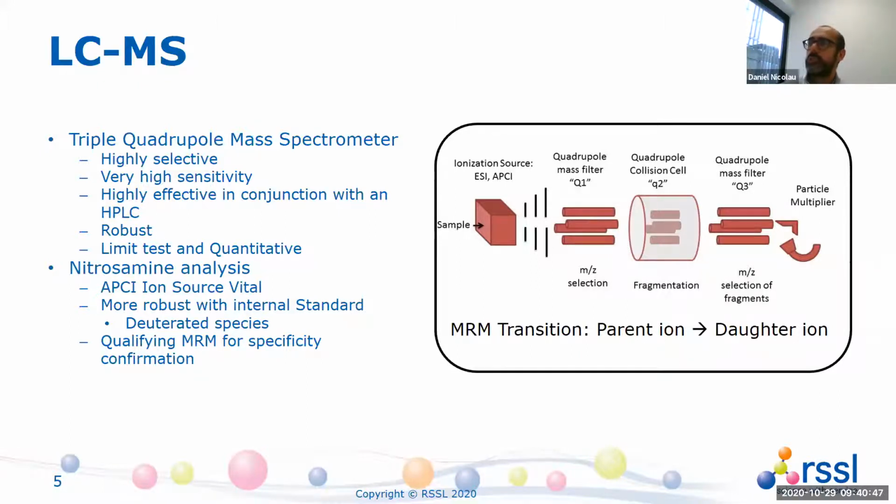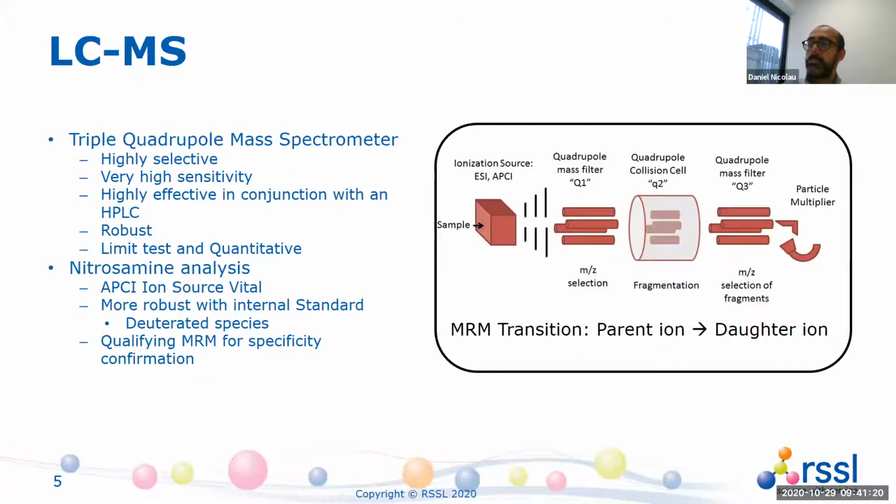In addition, within the triple quad, you have a set of quadrupoles that act as mass filters. So when you're looking for a specific ion that's been generated in the ion source, traditionally what you tend to see is the nitrosamine plus a hydrogen being ionized. And we tend to call that in our nomenclature the parent ion. In the first quadrupole filter, that parent ion can be isolated from all the other ions that have been generated in the ion source.